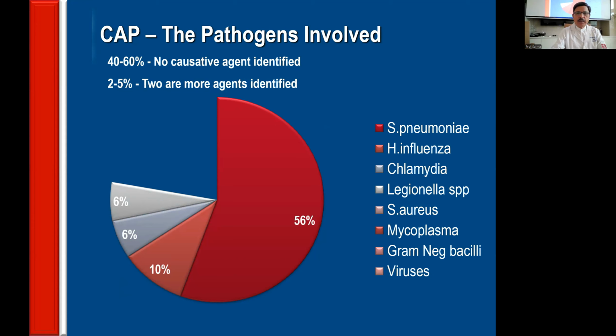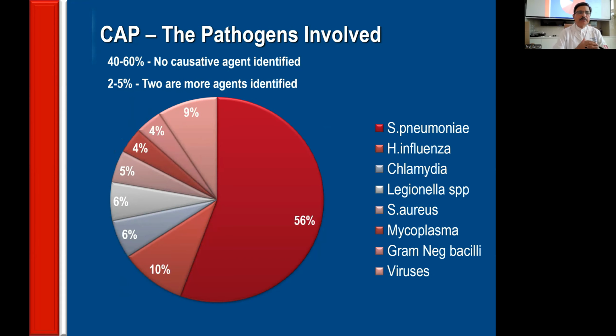Legionellosis, S. aureus, Mycoplasma, gram-negative bacilli, and finally virus 9%. So that is the distribution. Basically, around 56% are S. pneumoniae, 10% are influenza, 6% chlamydia, 6% legionella, 5% mycoplasma, 4% gram-negative bacilli, and then others are viruses, 9%.